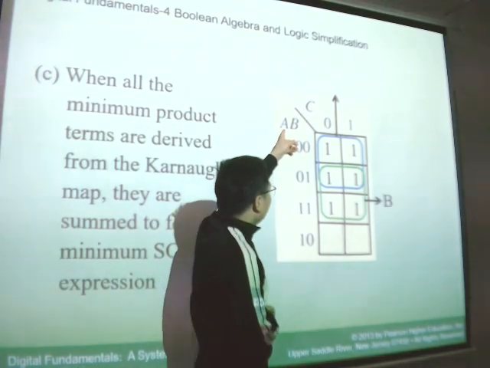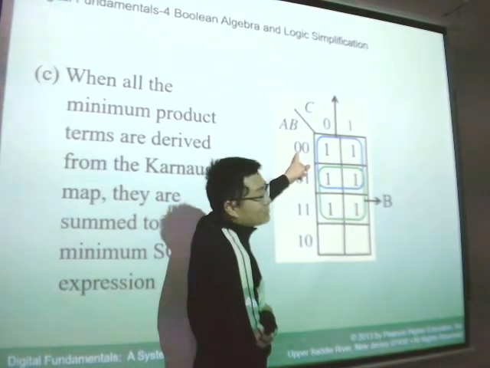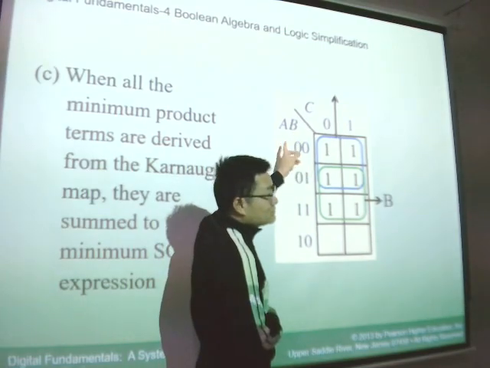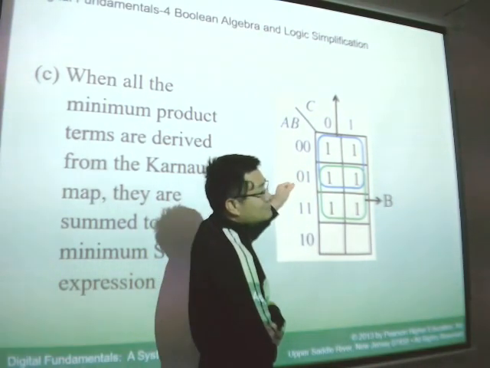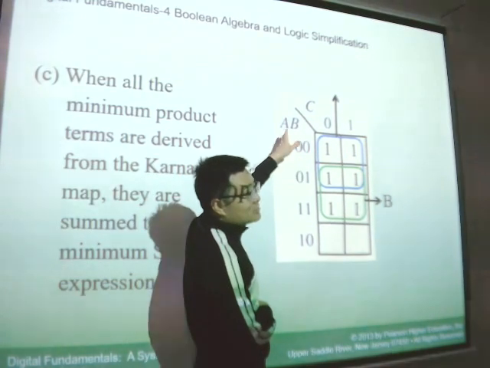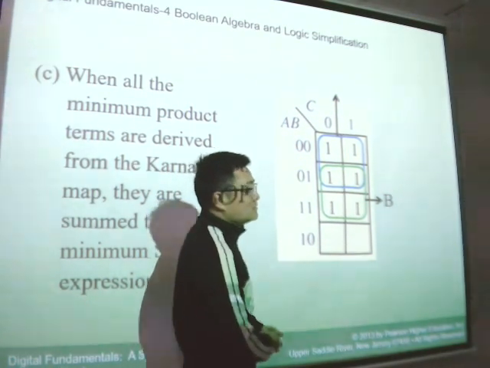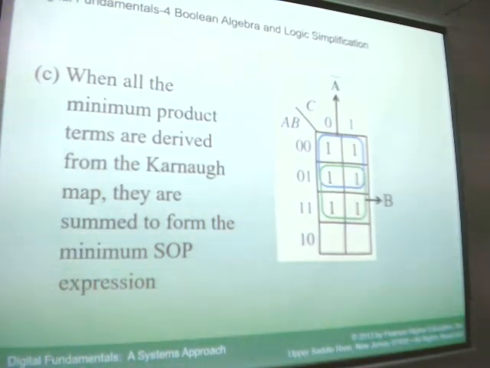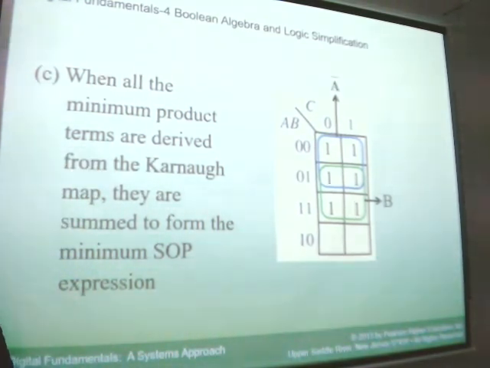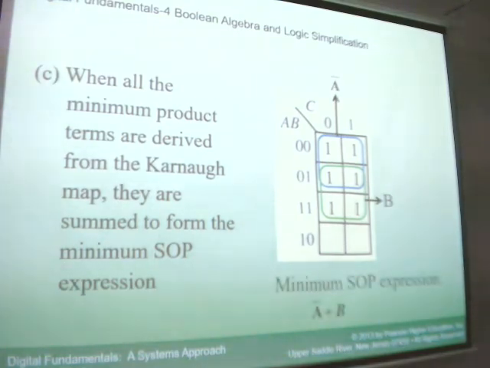A is always 0. So the product term must be A bar. So the answer is A bar. The minimum SOP expression is A bar plus B.